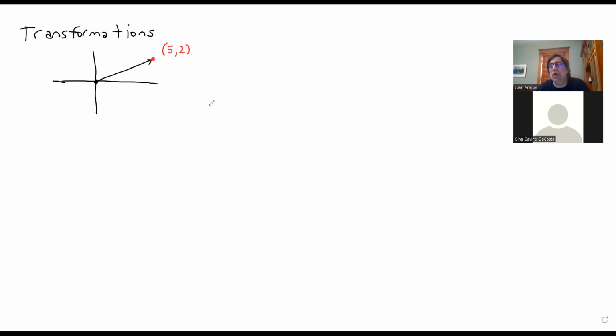There are some ways in which you can transform this vector. You can think of it as vector 5, 2. Maybe we'll write it as a column vector. So one transformation you can do is you can flip it over the x-axis. So think about what that would look like.